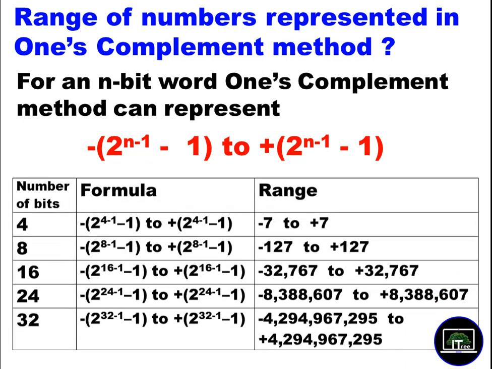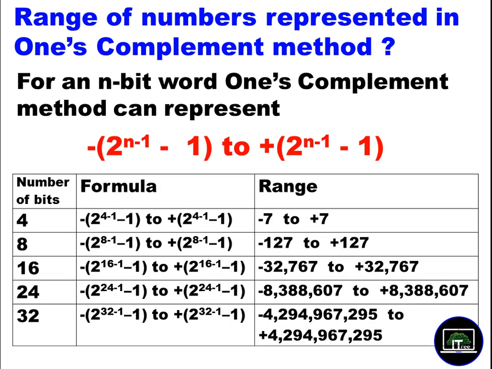If you use 4 bits, the range becomes negative 7 to positive 7. If you use 8 bits, the range will be negative 127 to positive 127. Likewise, we can find the ranges by applying the number of bits to the formula given.